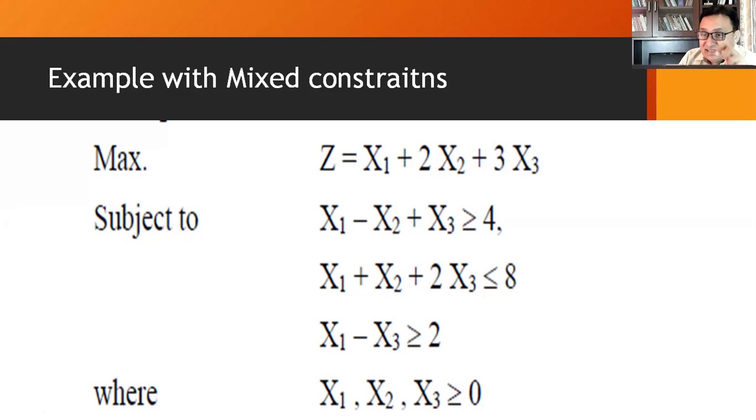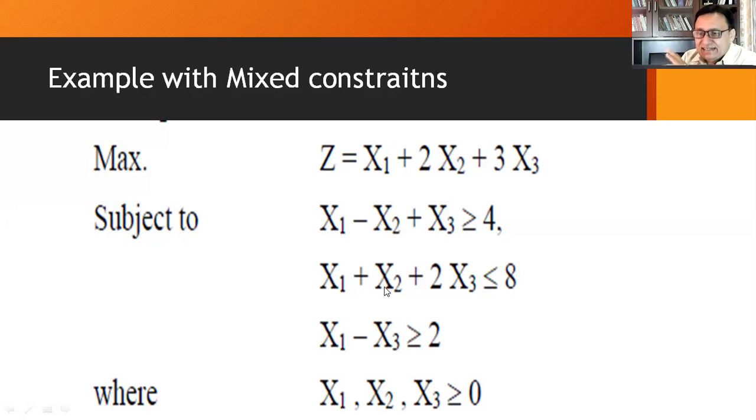Now these constraints are equalized, but if you form a matrix of the coefficients of the constraints, the identity matrix will not be there. To bring the identity matrix into the constraints, wherever a surplus variable is introduced, you introduce an artificial variable. So in the first constraint, x1 minus x2 plus x3 minus s1 plus a1 equals 4.